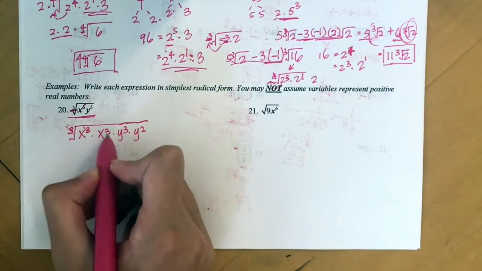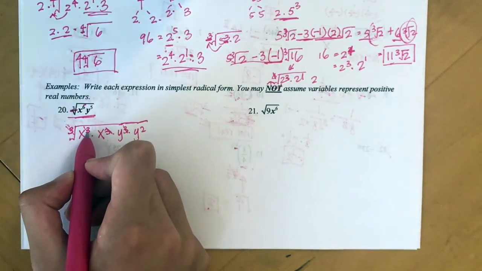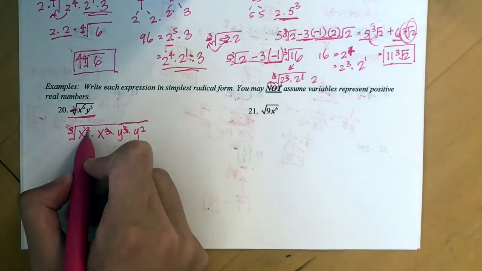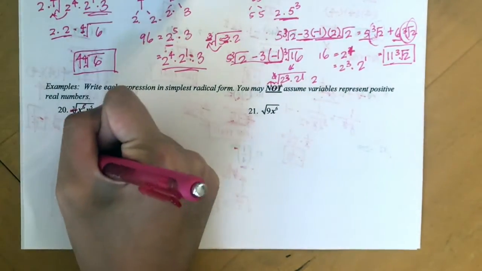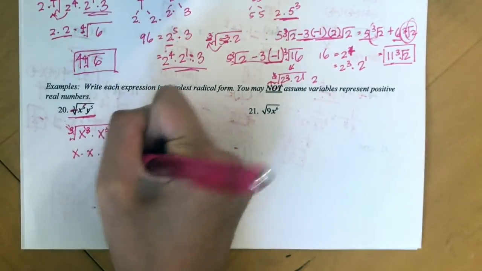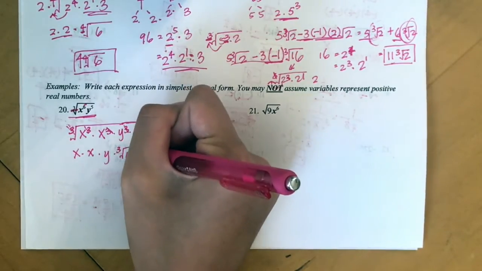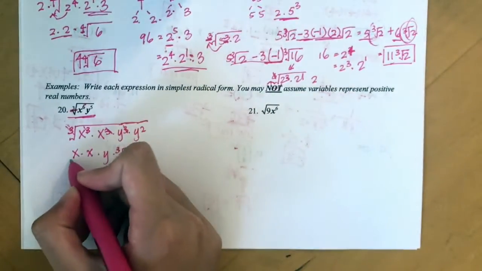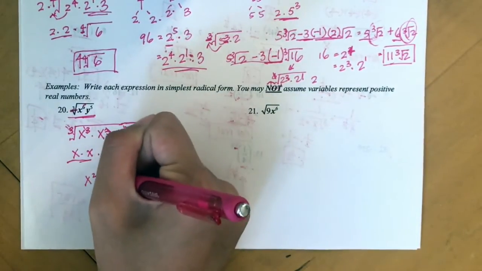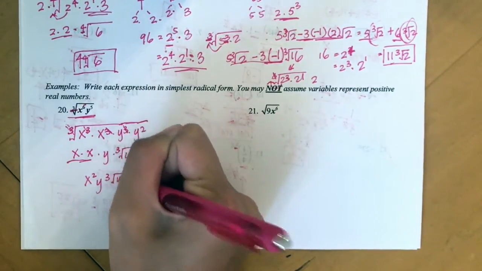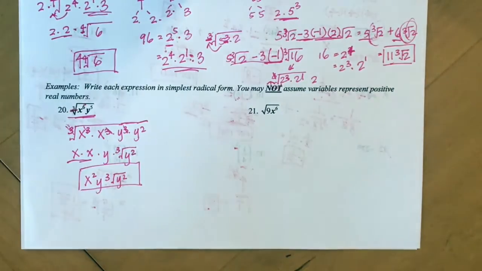So we can cancel out all 3 of these because of radical rule number 2. So what we have is x times y, and then cube root of y squared. If you combine these, you should get x squared y, and then cube root of y squared as the final answer. Okay, so moving on.